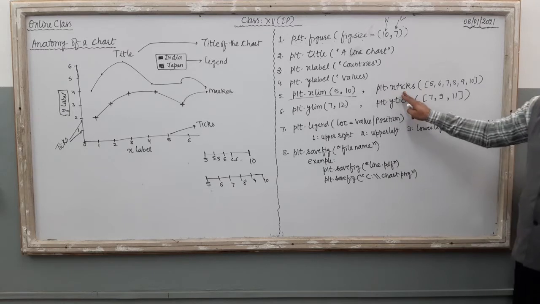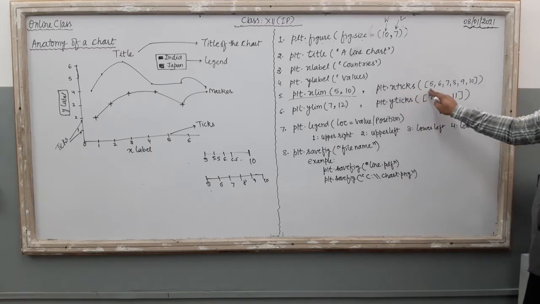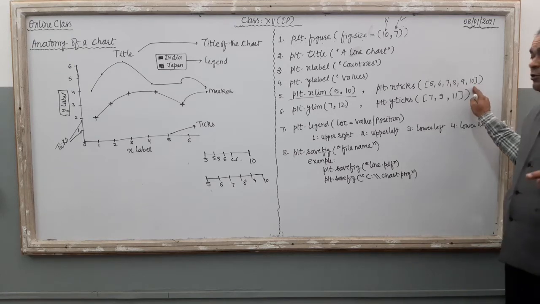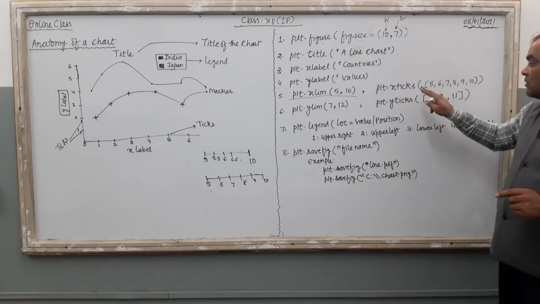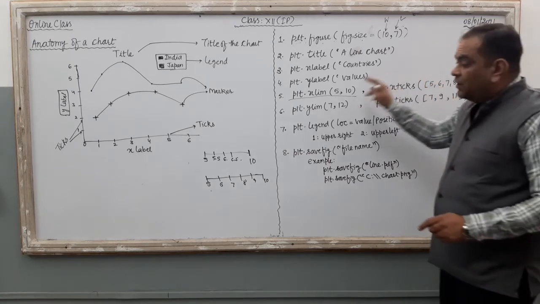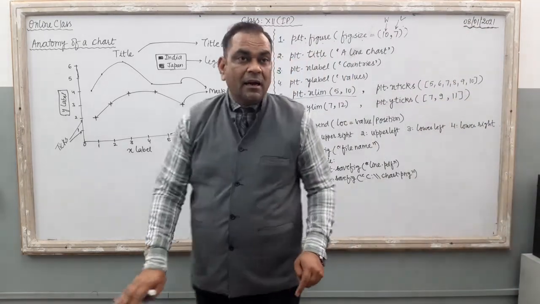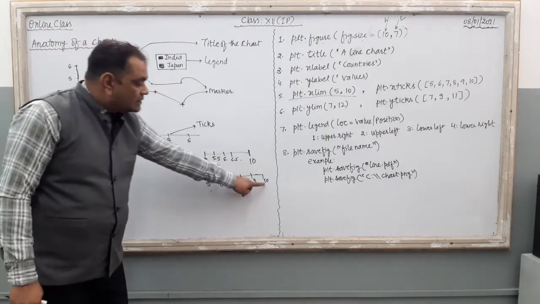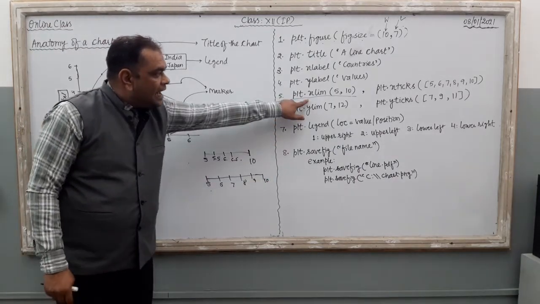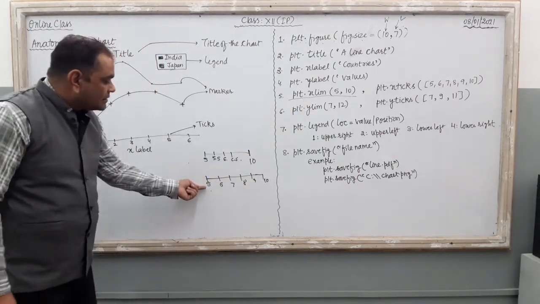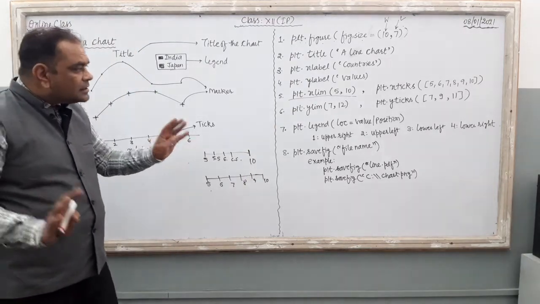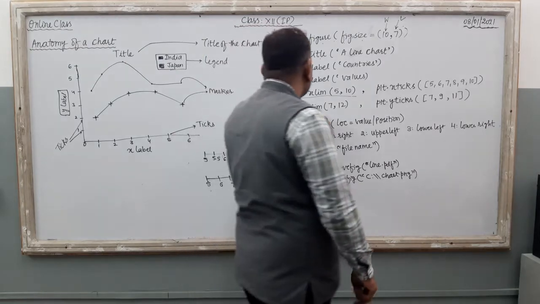You use it like xticks(5, 6, 7, 8, 9, 10). You supply the sequence of values so that these ticks are placed on the x-axis. It starts from 5 and ends at 10, that is the x-axis limit. Now the ticks are 5, 6, 7, 8, 9, 10. Clear?